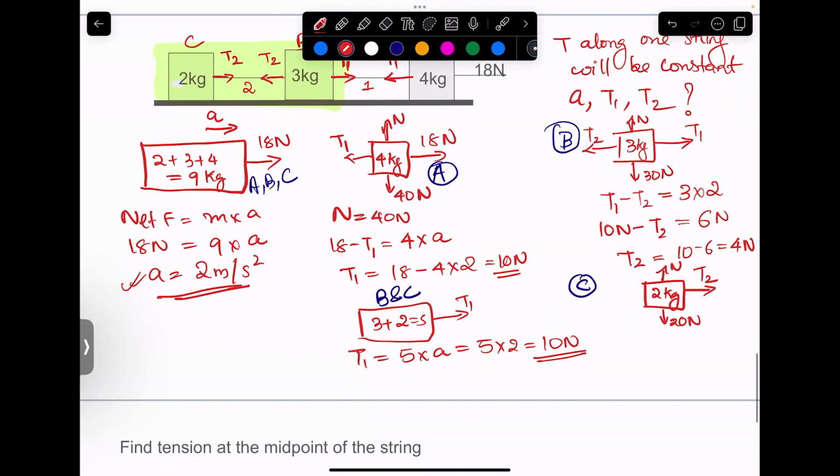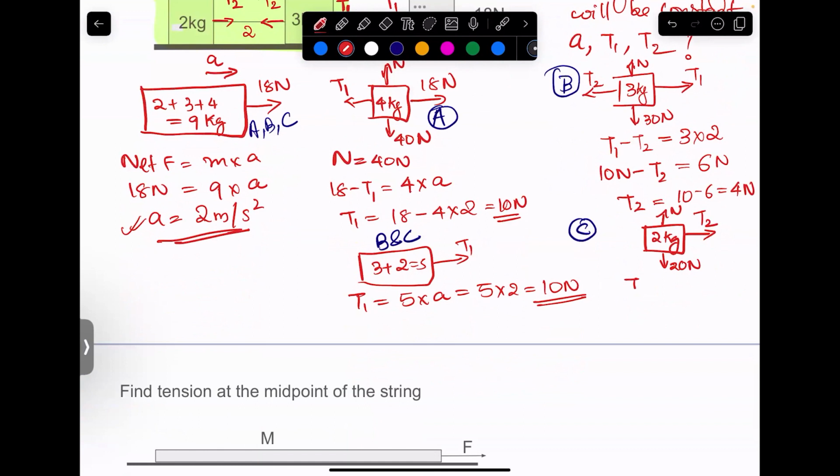T2 is pulling this block with the acceleration of 2 meter per second square. That is equal to 4 Newton. So what did you get? Acceleration equal to 2 meter per second square, and tension T1 equal to 10 Newton and T2 equal to 4 Newton.